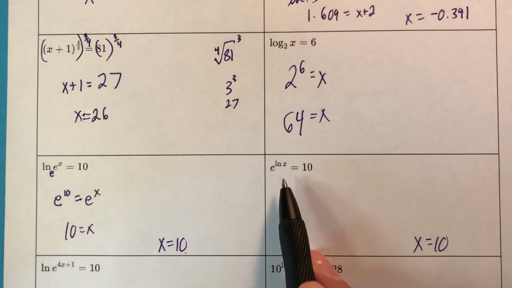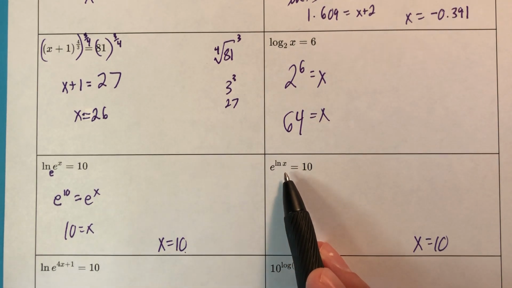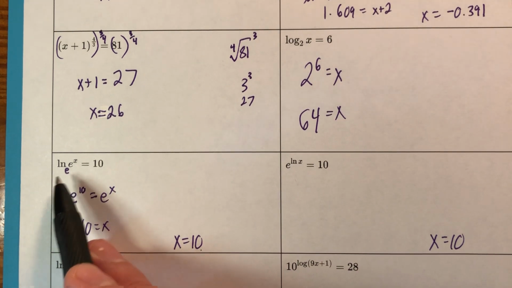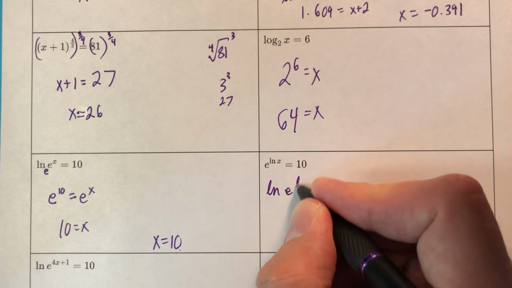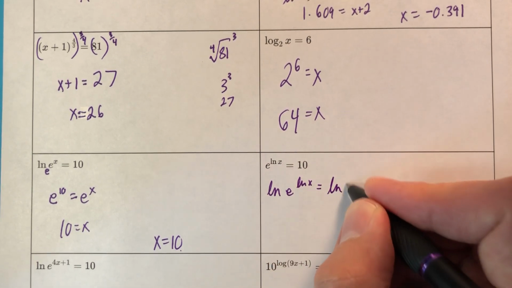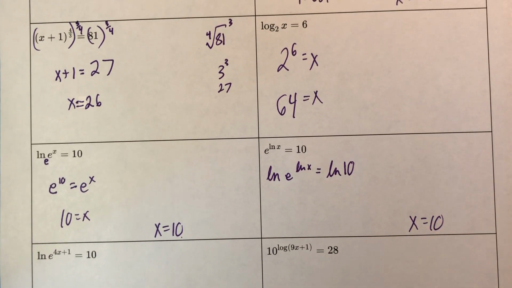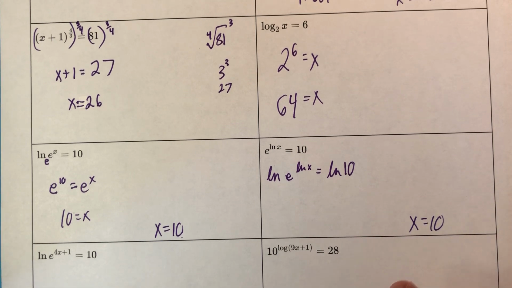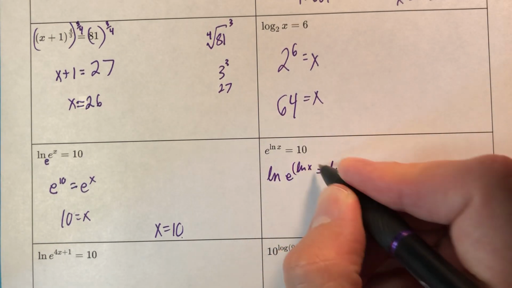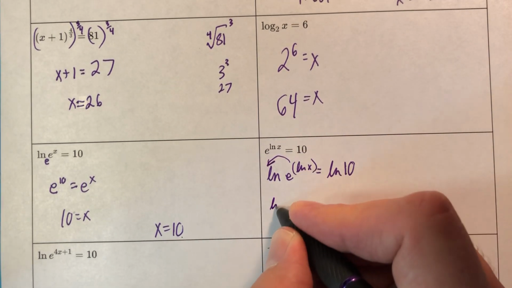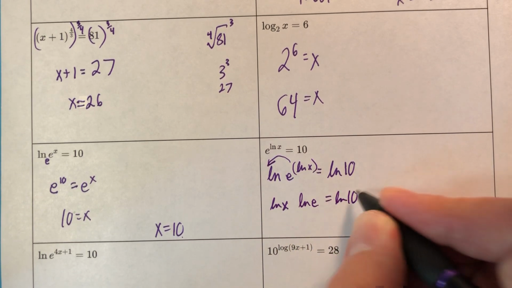I could also, in this case, say, old rule, if I have a variable in the exponent, I could use a logarithm. I could have done that here, but it's just not worth the trouble. But if I logged both sides, I'll use a natural log, using some rules that you have seen before recently, I could move this down the front, and I have natural log of x times natural log of e equals natural log of 10.